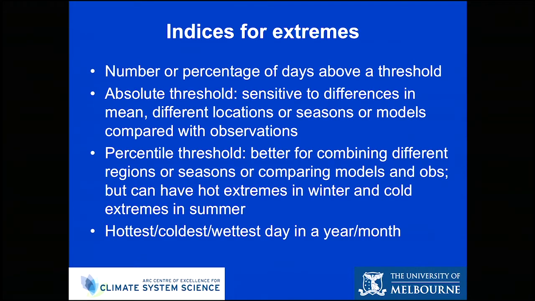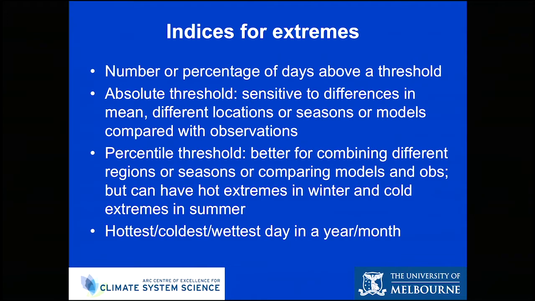So that means that if you're looking at counts above the 90th percentile, the best way to think about that is as a percentage. And on average, you would expect 10% of days to be above the 90th percentile. And if that percentile threshold is seasonally varying, as often they are, the number of actual days depends upon what period you're looking at, whether you're considering a whole year, in which case it would be 36.5 days for the 90th percentile exceedance.